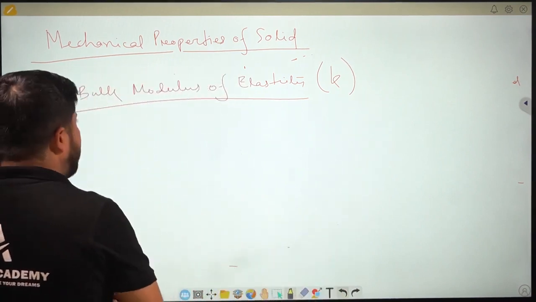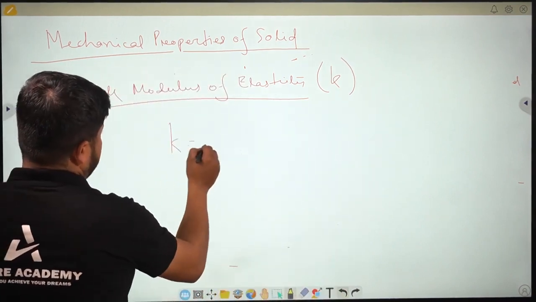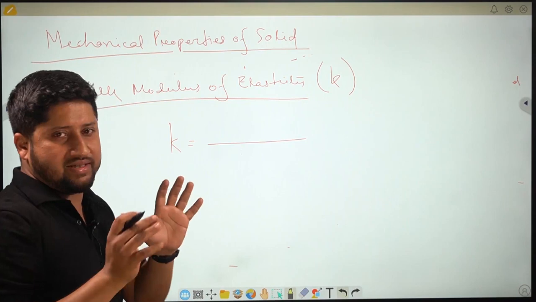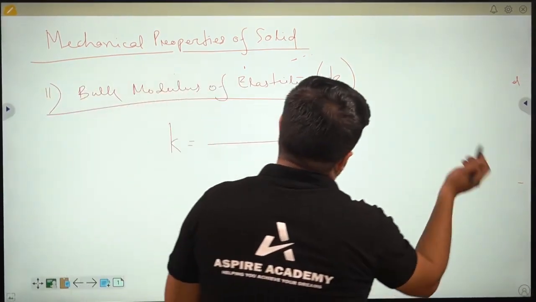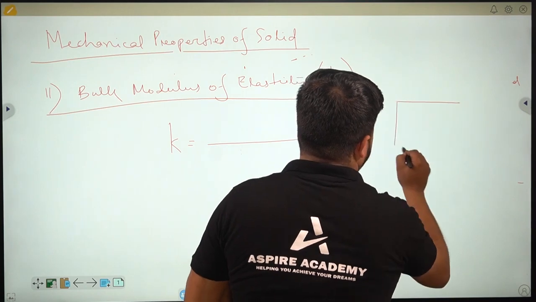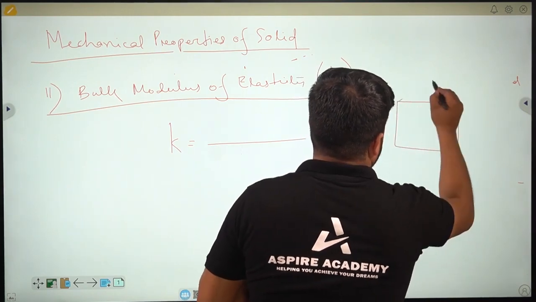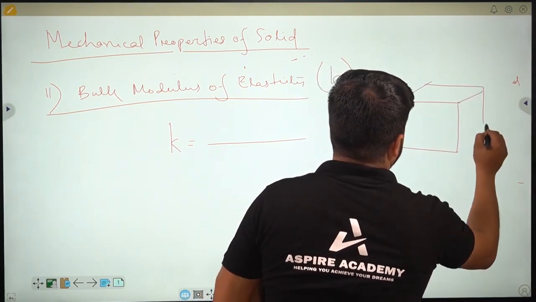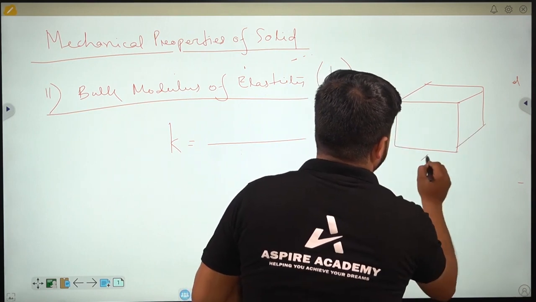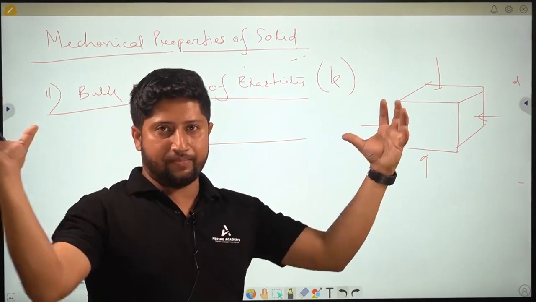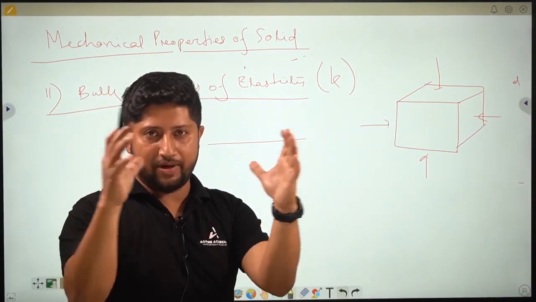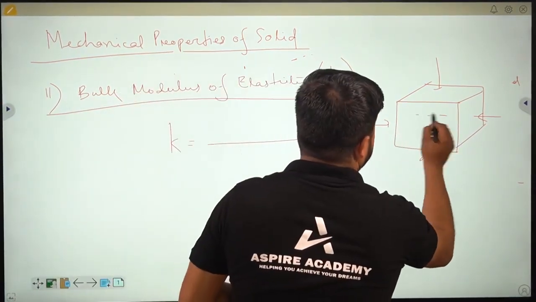It is represented by kappa, K. Bulk modulus of elasticity is about volume change. Suppose this is a cube here. If we apply force, what will happen? It can be compressed.